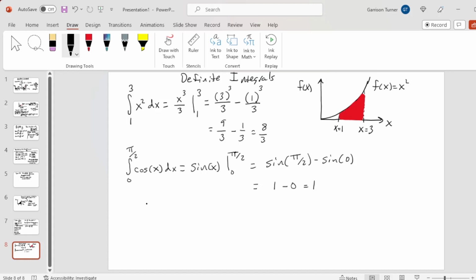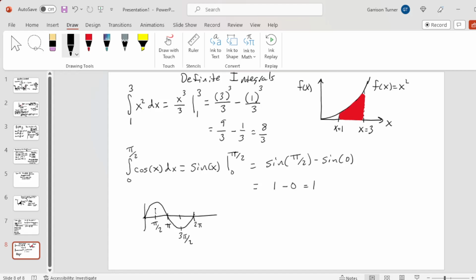So the area under a sine curve, if I look at one cycle here, 0, pi halves would be here, pi would be here, 3 halves pi would be here, and 2 pi would be here.